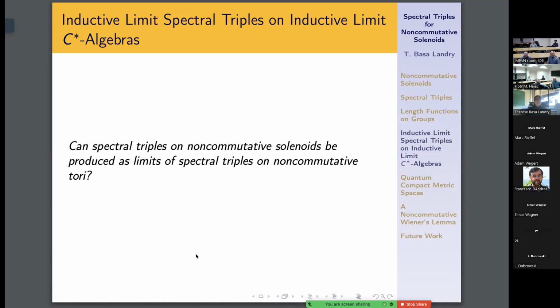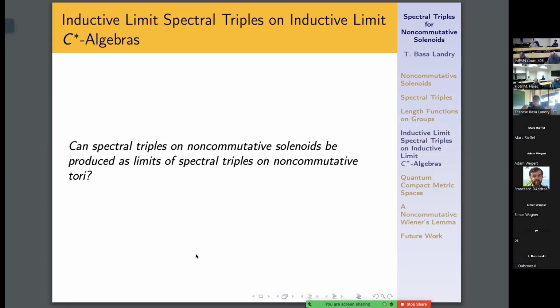So then, actually a motivating question at the beginning, when we first met about this project, was, since non-commutative solenoids can be realized as direct limits of non-commutative tori, are there spectral triples on non-commutative solenoids that can be produced as limits of spectral triples on non-commutative tori?